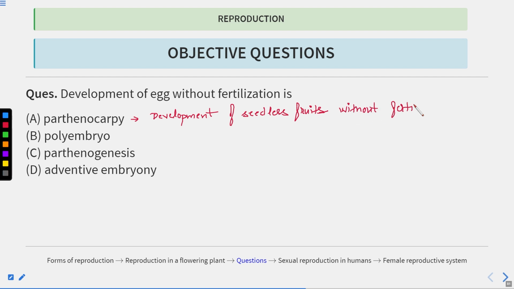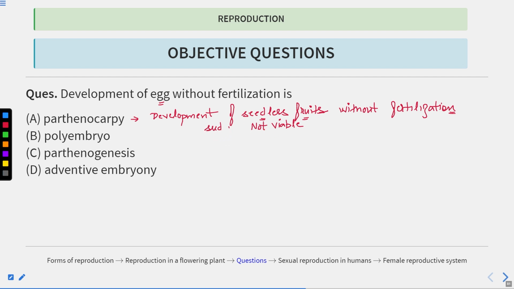Usually the egg is fertilized, but sometimes the egg is not fertilized and the ovary develops into the fruit. But here these fruits are without seeds, or you can say the fruits are produced in which the seeds are not viable.